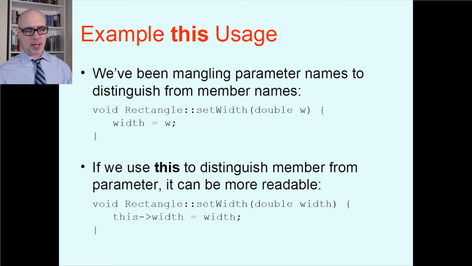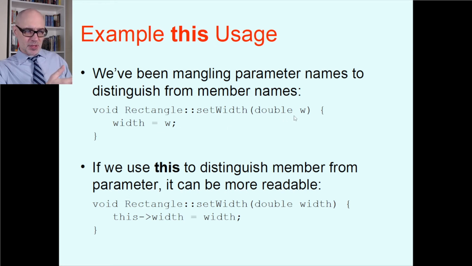If you go back to the rectangle class and there's this member set width, you're passing in a number to be the new width for the rectangle, and we named that argument, this double, W. What you're going to do with that, of course, is take the W and set it into the width member of the rectangle.